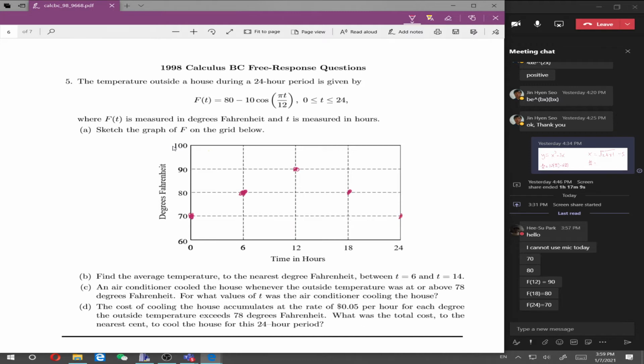Okay, 90, 80, and 70. All right, and our cosine function is going to look something like this. So we've got our graph.